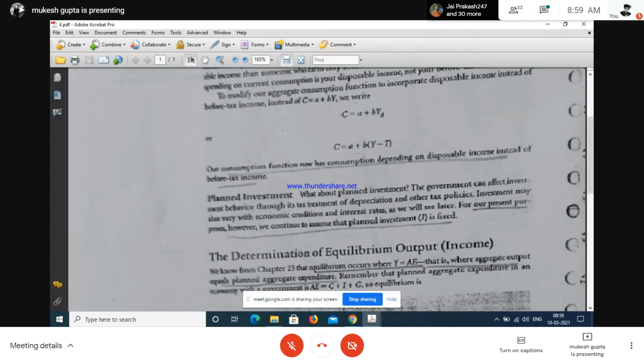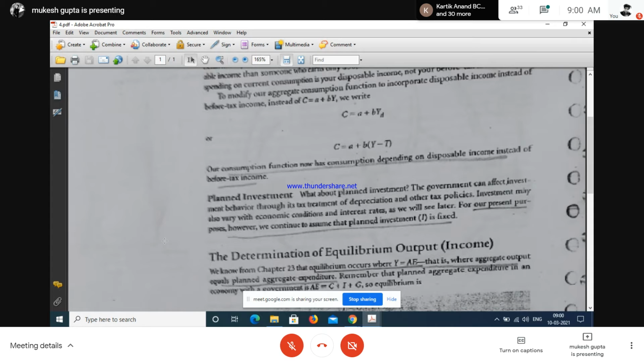So now we have to determine the equilibrium level of output. On the one hand, we have the knowledge of the total income, which becomes the sum of consumption, saving, and tax. On the other hand, that income has to be spent by the economic agent.